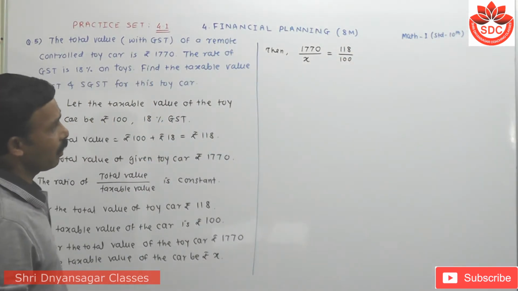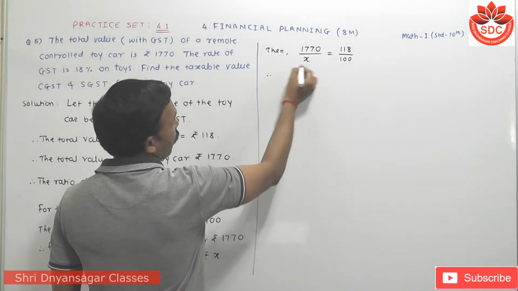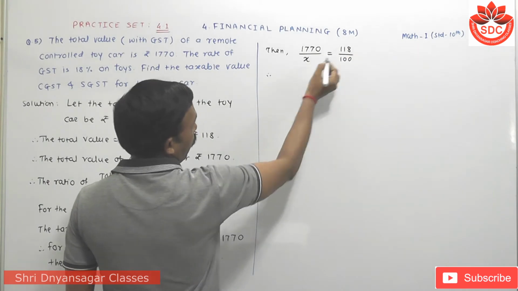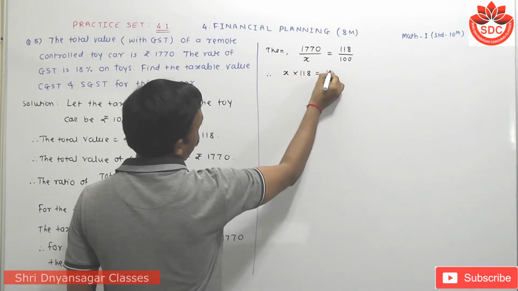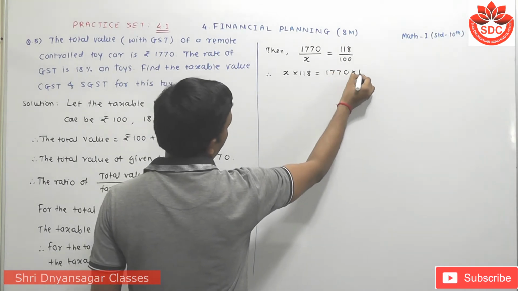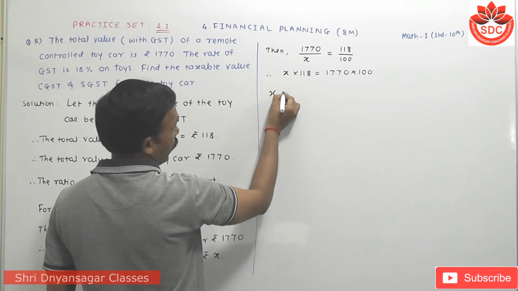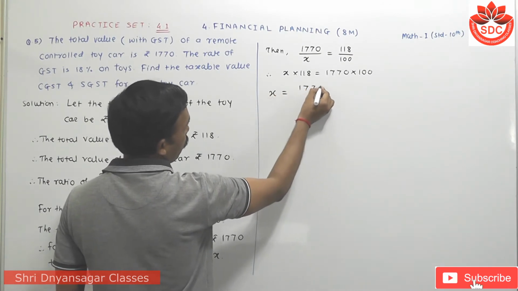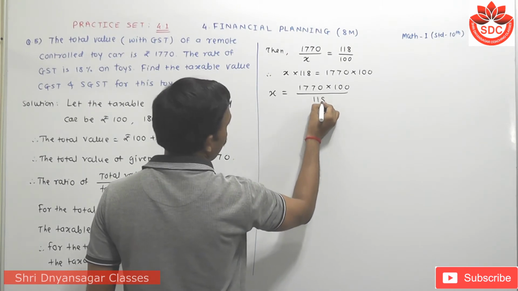Next, students, by cross multiplication, I write directly: x into 118 is equal to 1770 into 100. Then 118 goes to the denominator, so x equals 1770 into 100 upon 118.